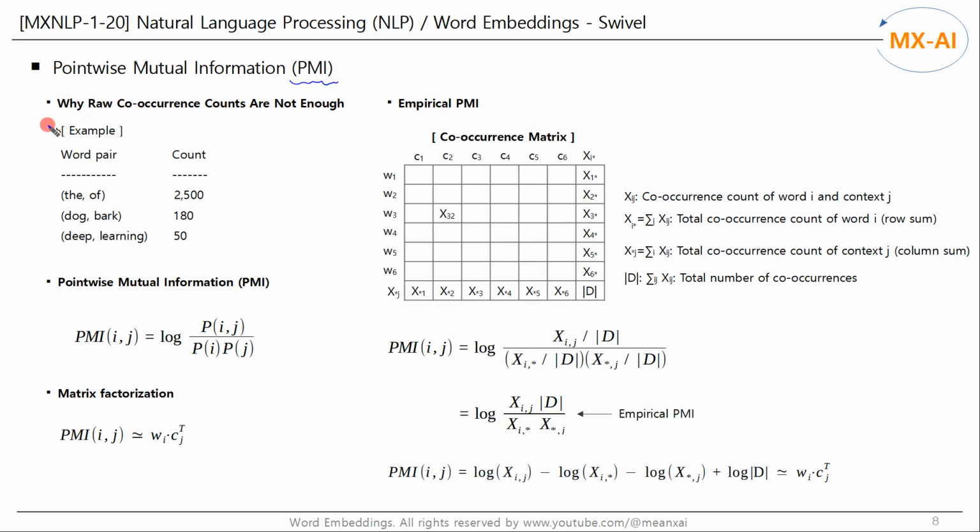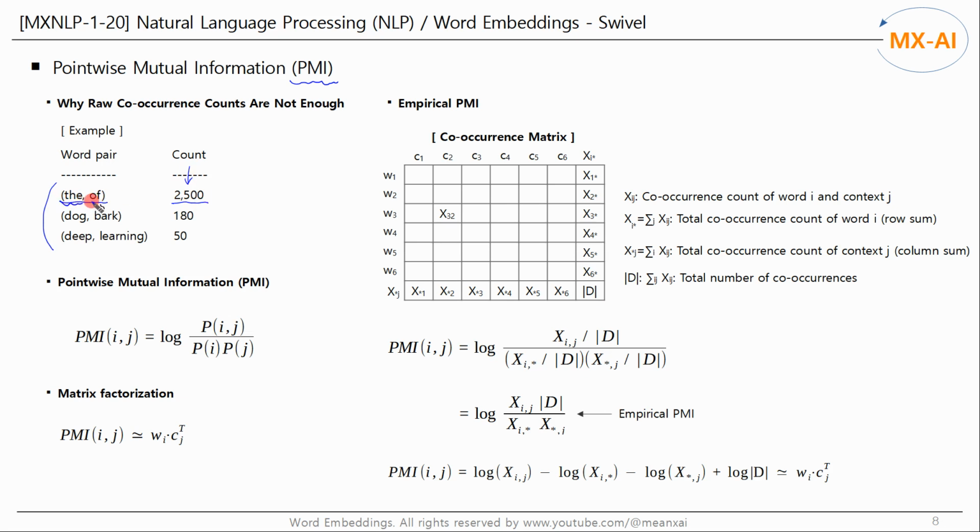Before we introduce PMI, let's first look at the limitations of raw co-occurrence counts. One major problem is that they are heavily influenced by word frequency. For example, let's say we have the following word pairs and their co-occurrence counts. If we look only at the raw counts, the pair "the" and "of" appears to have the strongest relationship.